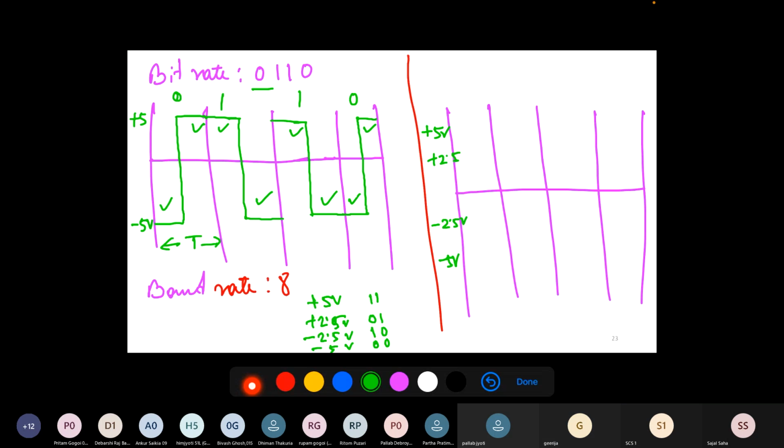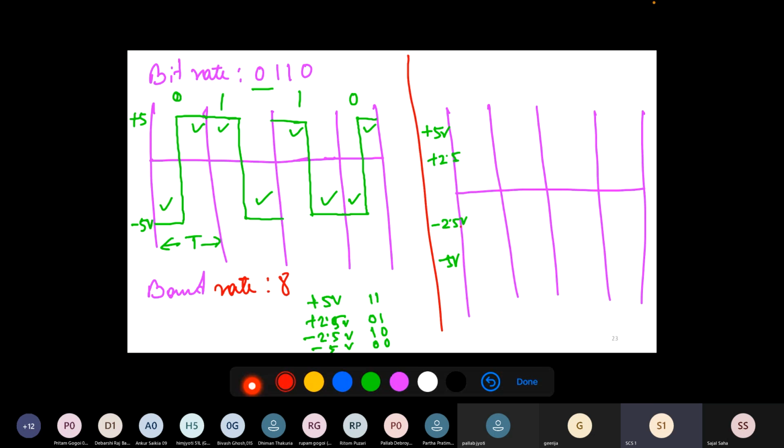Plus 5, 0, plus 2.5 voltage. Yeah, plus 2.5 voltage, right? Look at here. 0 1 should be represented through plus 2.5 voltage. Yes or no? Yes. So I should represent 0 1 as plus 2.5 voltage.